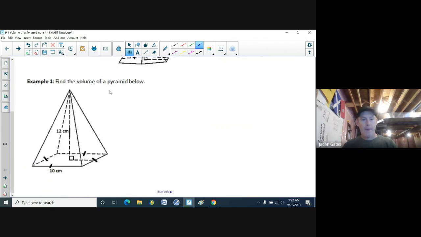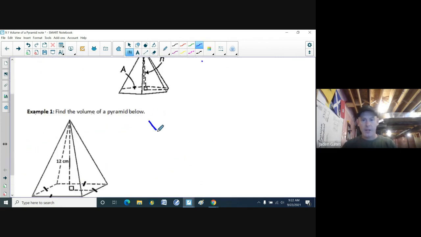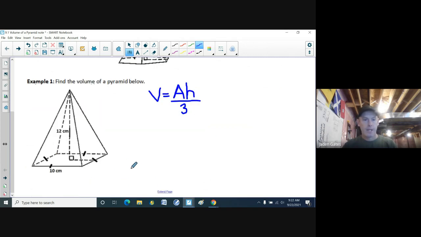Now, we look at our pyramid here, and again, I'm going to go back to my formula here. It's V is equal to A times h divided by 3. Now this pyramid here, we have a height here, again, straight up distance, that blue line.